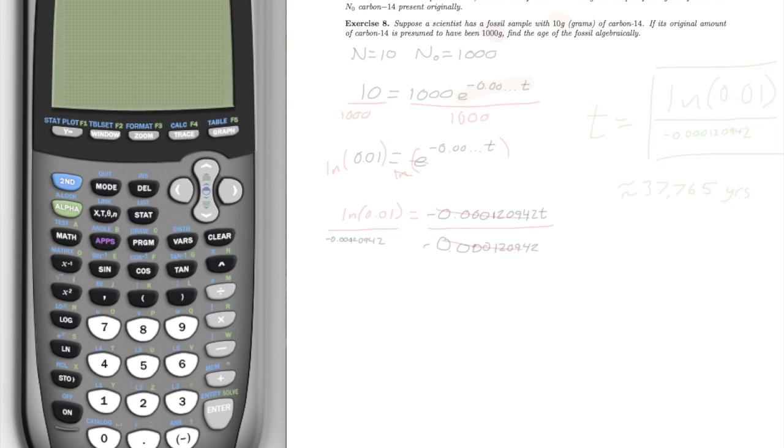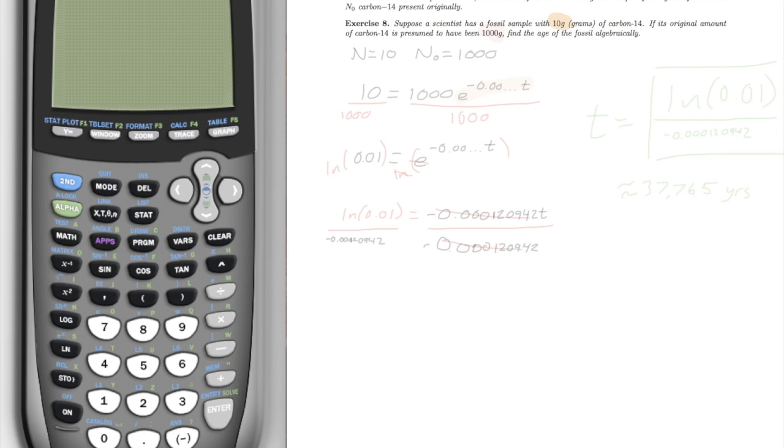So setting this all up, we have an exercise where we're told that a fossil sample contains 10 grams of carbon-14, and we assume that the original contained 1,000 grams of carbon-14. We're going to find the age of the fossil algebraically using what we know about the relationship between these two things over time. If we have N and N naught, first off we need to know which one is which. Well, N is the current amount.